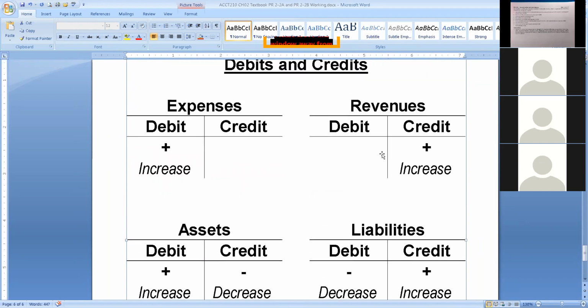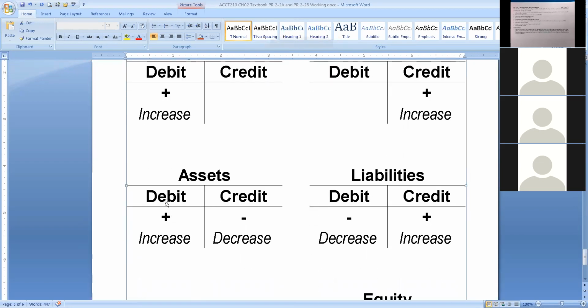And because they have to balance, if something goes up over here, let's say with a debit, then to balance, you either have it go up on this side and down on the same side, or if it goes up on this side, something else has to go up. So a debit and a credit will make it balance.